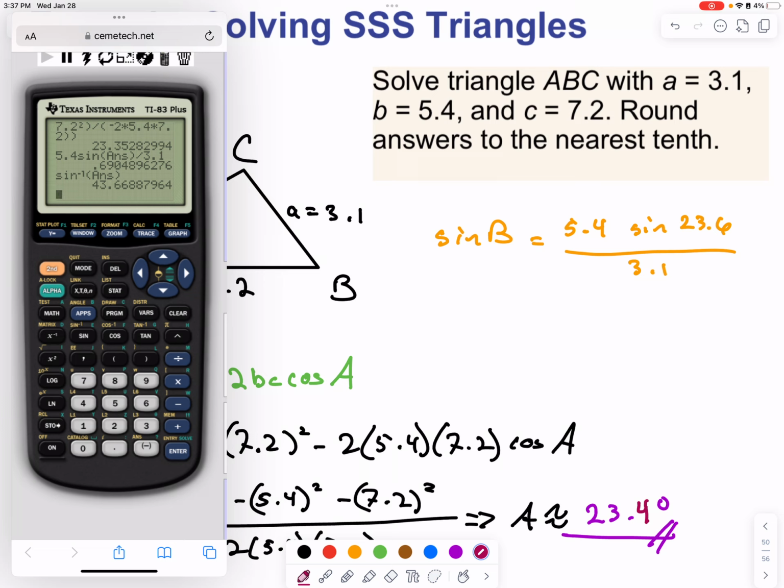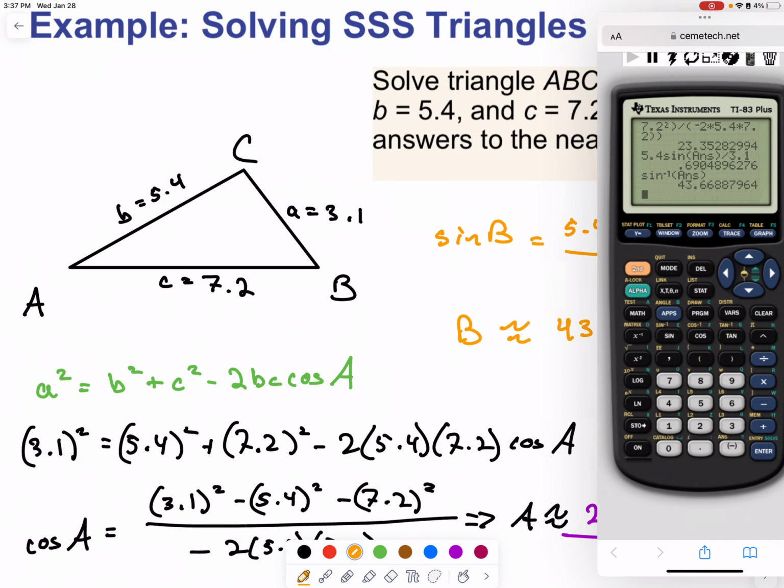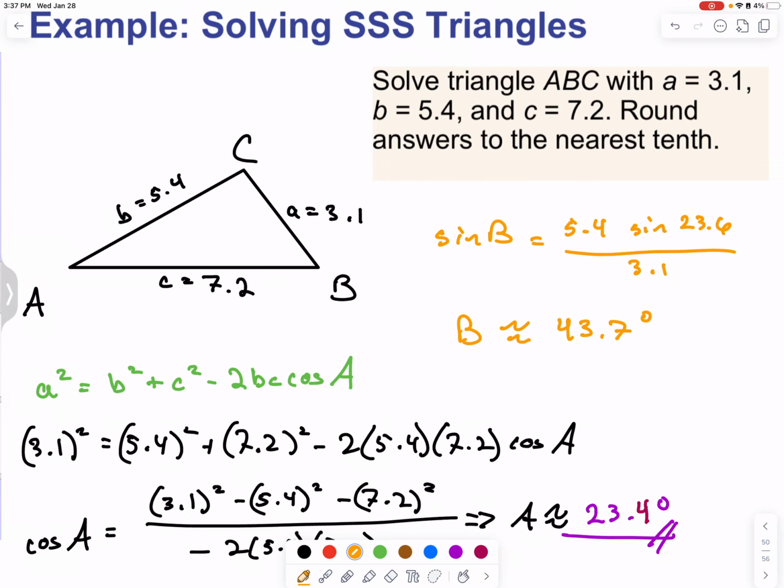And so for angle B, we got approximately 43.7 degrees. Let me just highlight it.